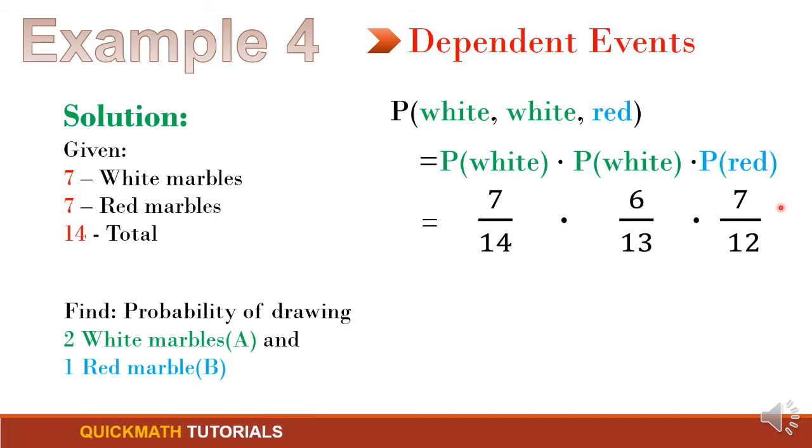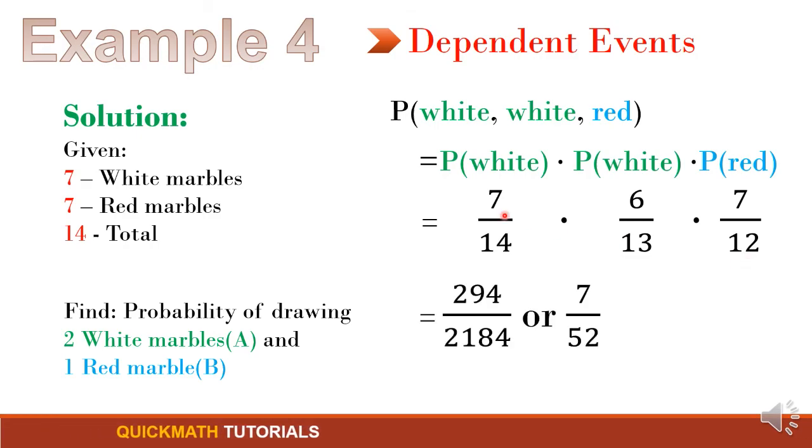Times 7 over 12. 7, since there are still 7 red marbles in the box, over 12. 12 because we already got one white marble and another white marble, so we are left with 12 marbles.